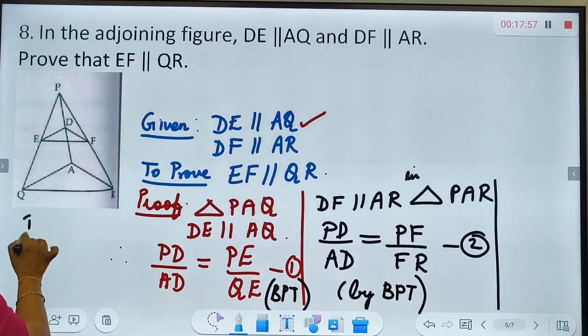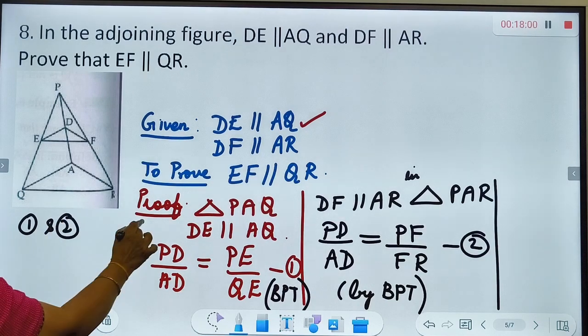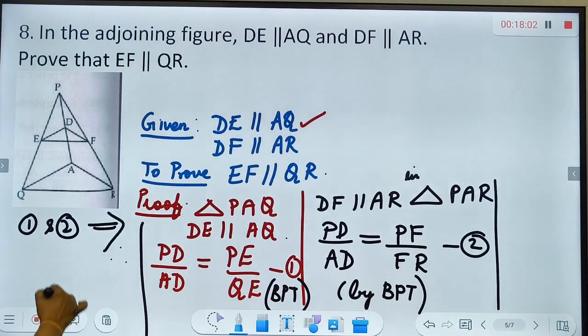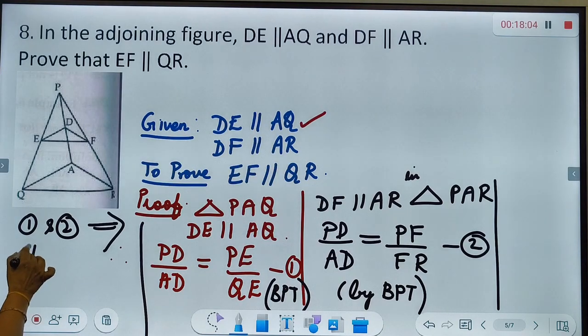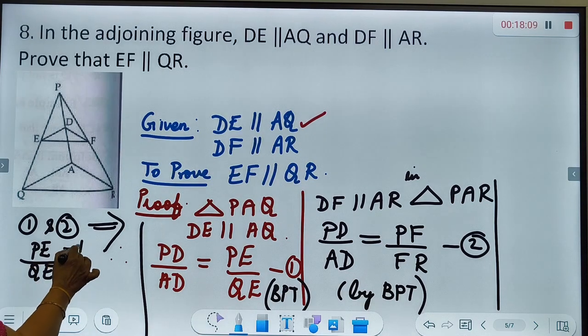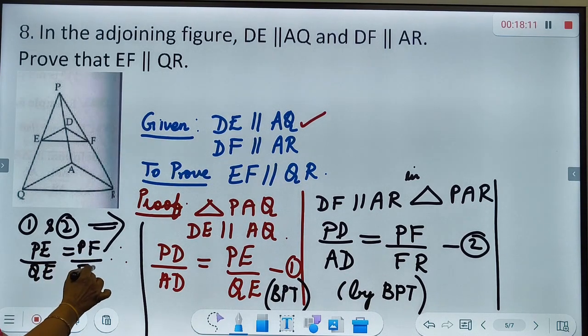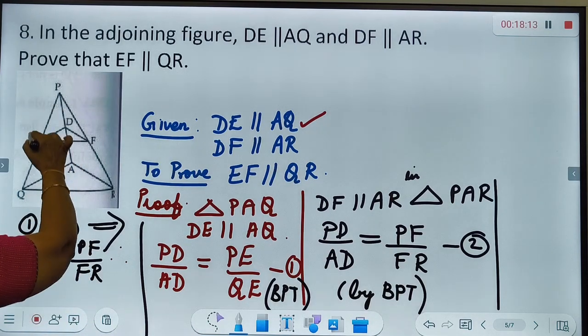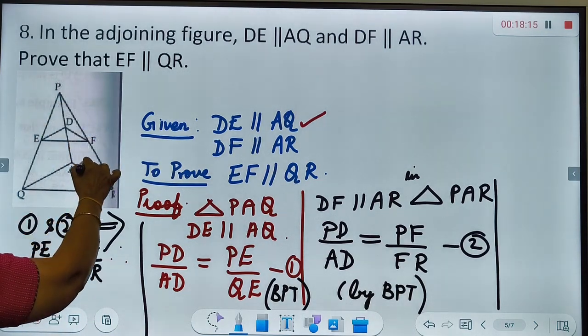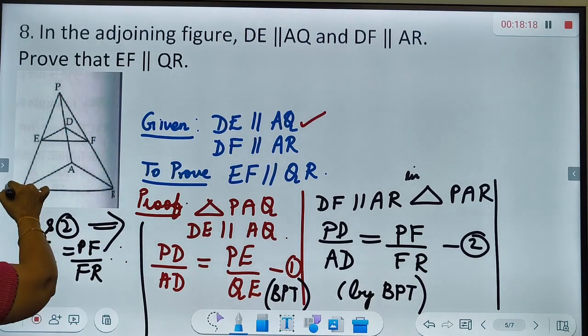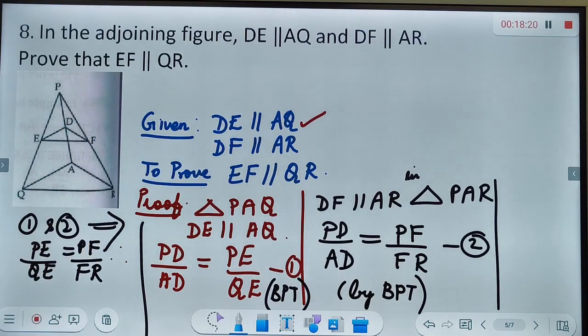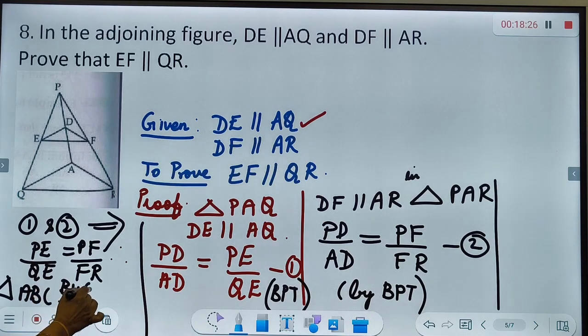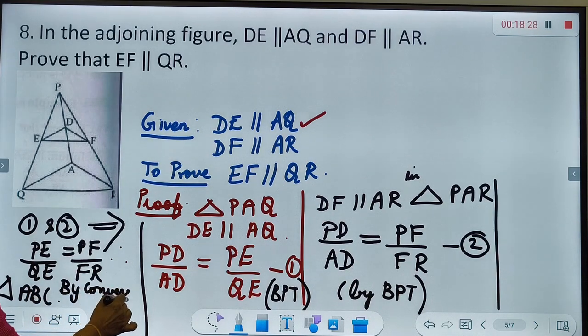So 1 and 2 imply the left hand sides are same, right? PE by QE is equal to PF by FR. Now look at the big triangle, triangle PQR. If two ratios are same, I can apply converse of BPT.